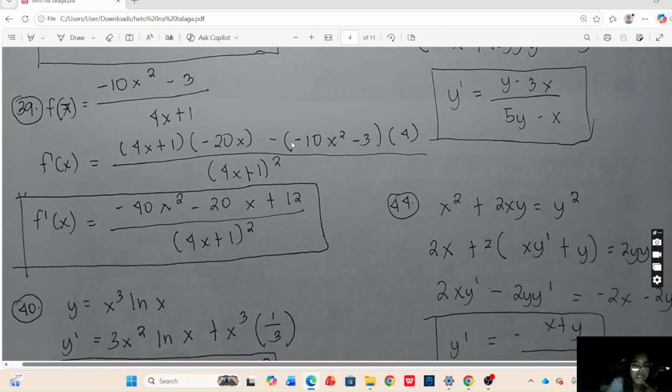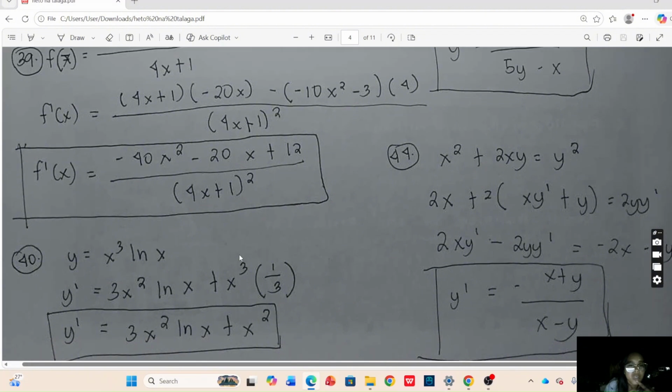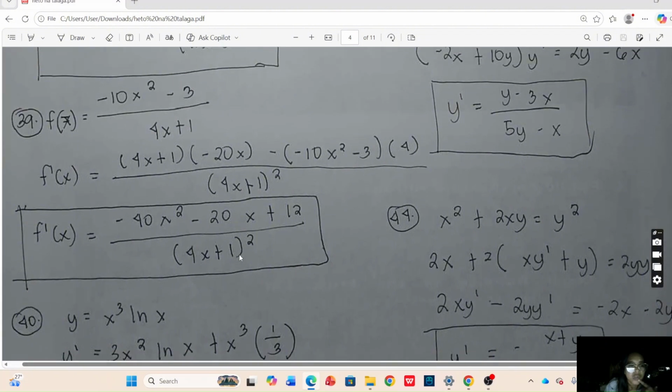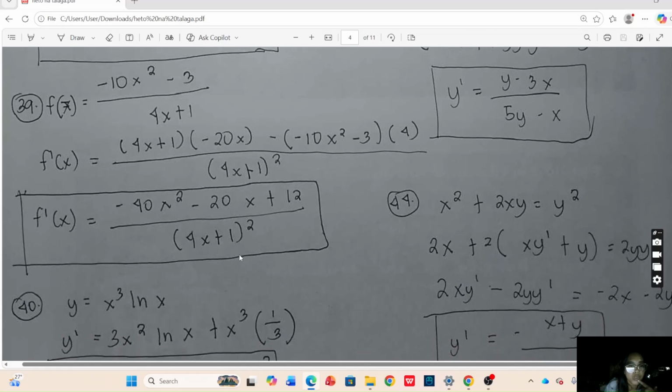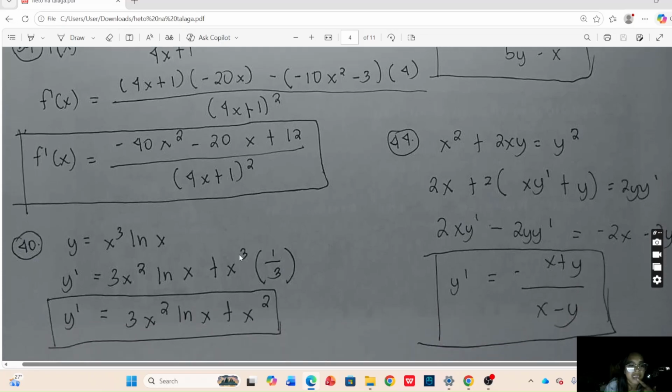When we solve for this, we will obtain the answer negative 40x squared minus 20x plus 12 over the quantity of 4x plus 1 squared. I think this is very easy since we can just use the formula of the quotient rule, and you just have to simplify it.